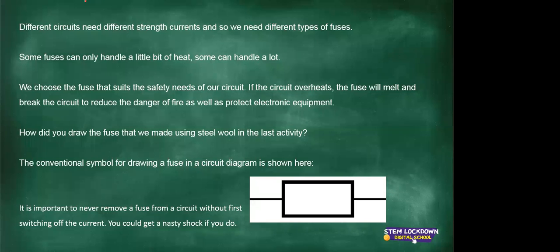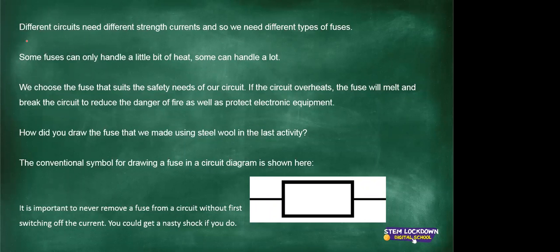So we have different currents. Different circuits need different strengths, so we need different types of fuses. So as Levi said, you need to know the strength of your circuit, then you know what type of fuse to buy.